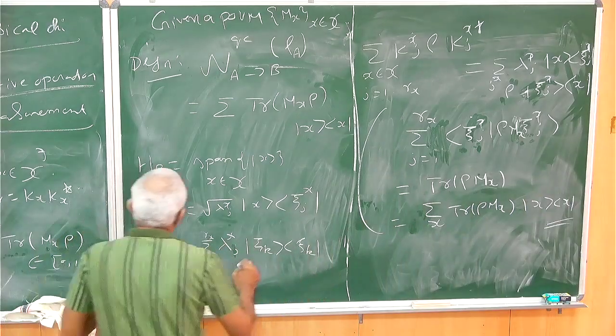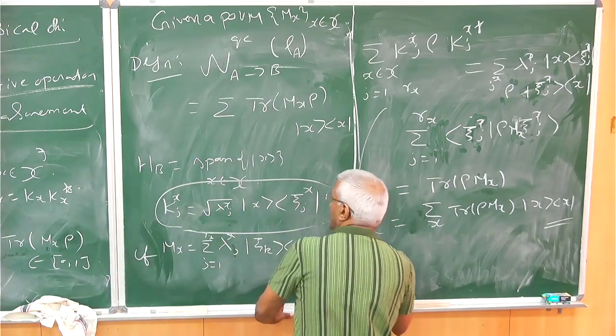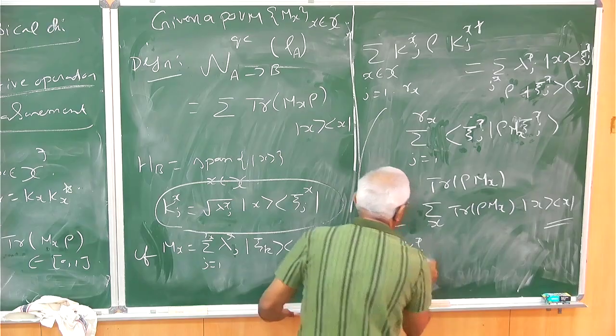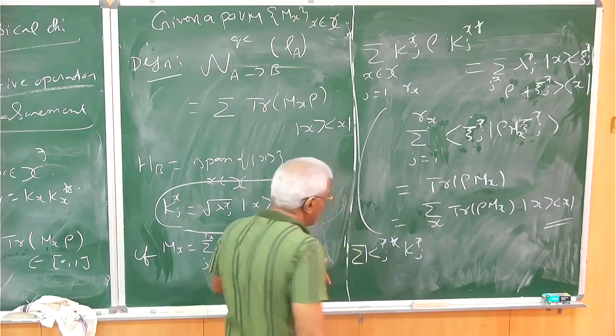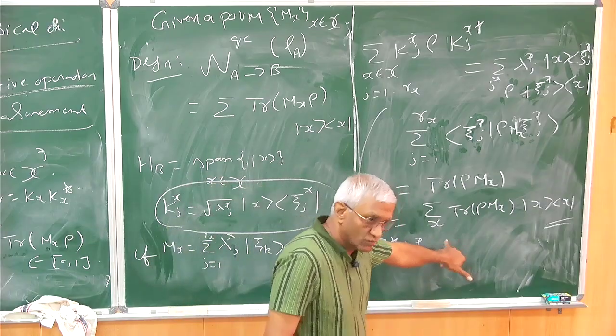Similarly, we want to take K_xj star K_xj. This is to verify that this is trace preserving. For a CP map to be trace preserving, this should be equal to 1.